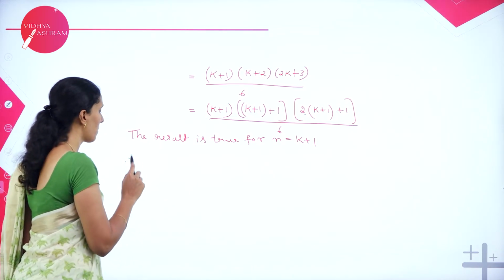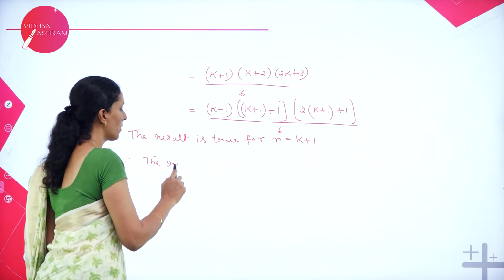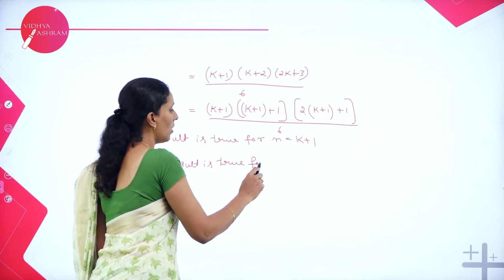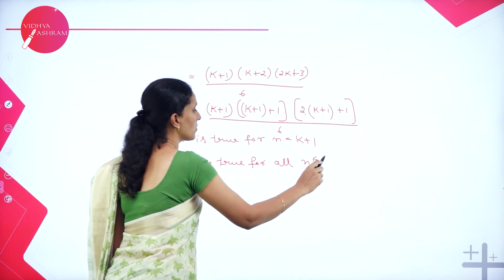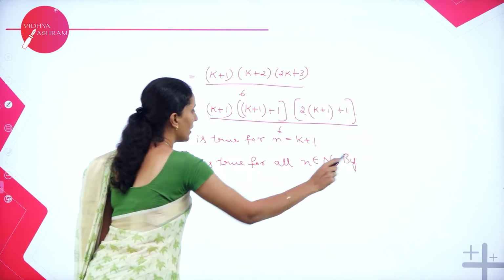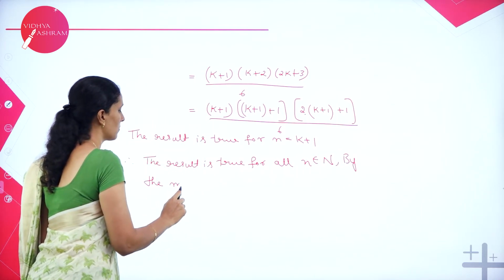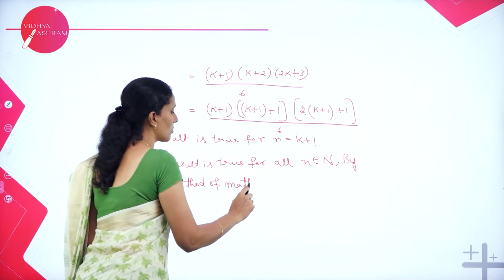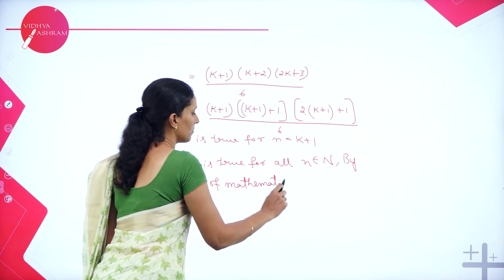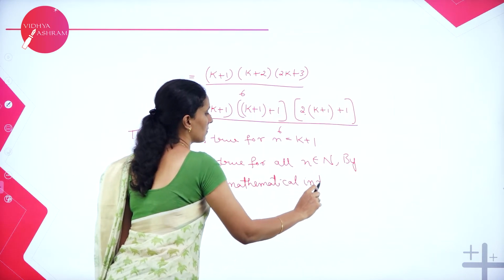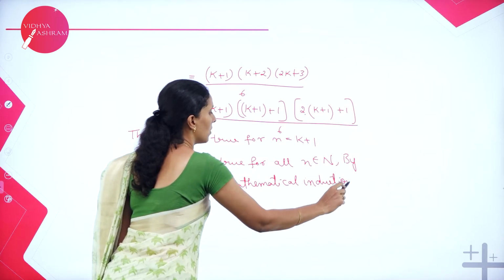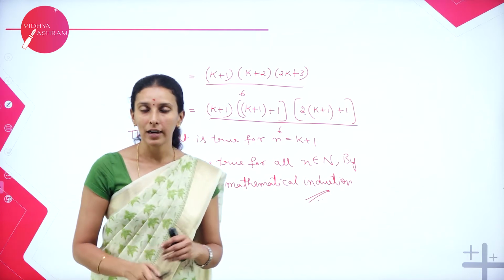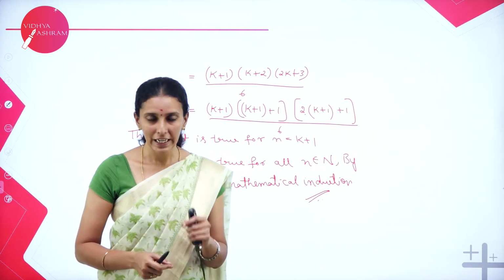Therefore, the result is true for all n belongs to N by the method of mathematical induction. So we have to conclude the statement that we have proved the result by the method of mathematical induction.